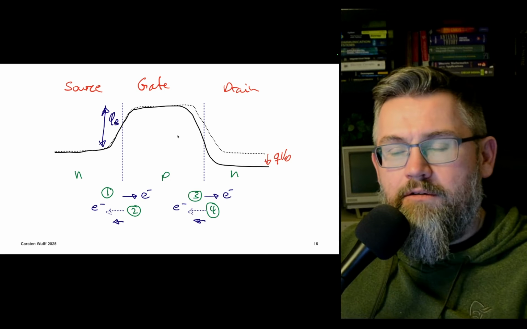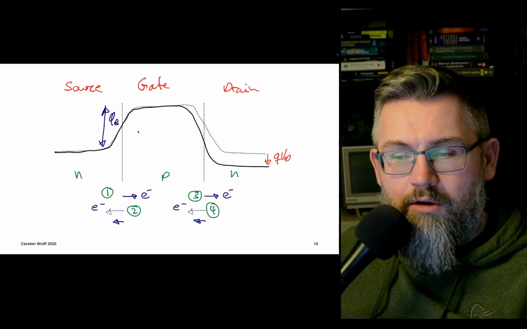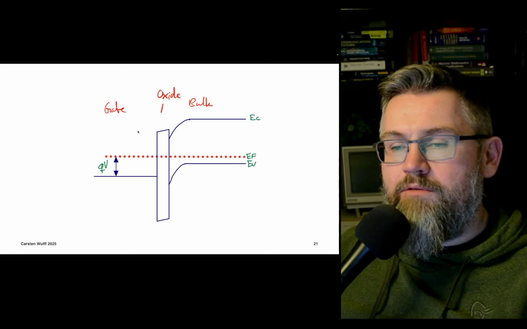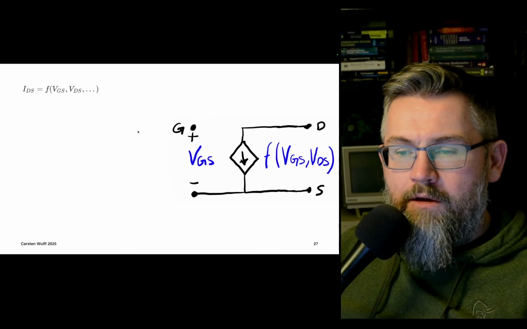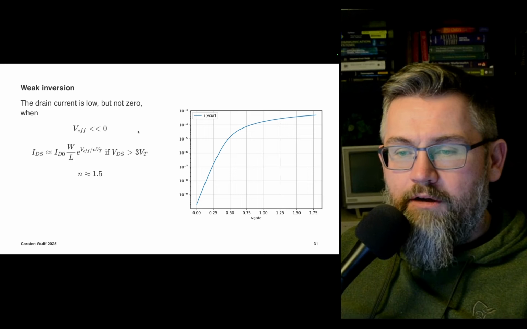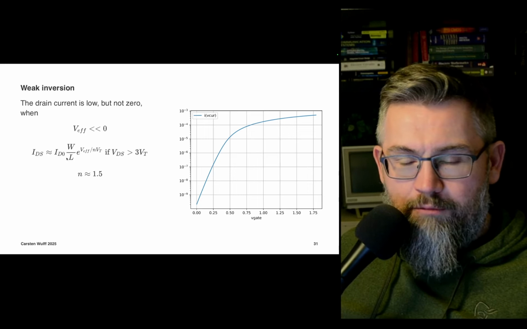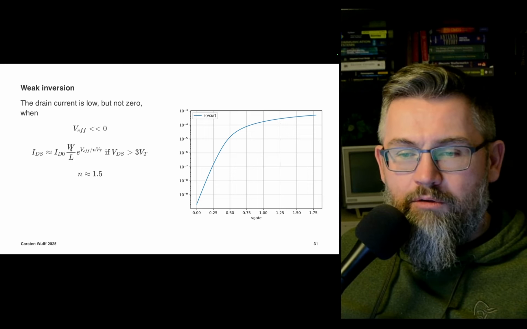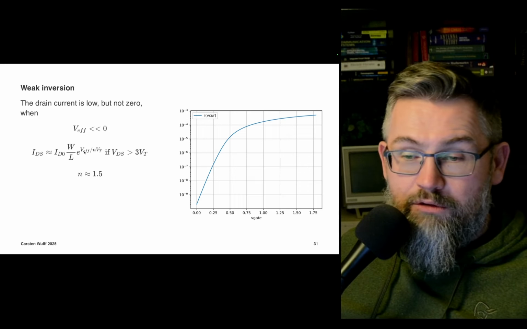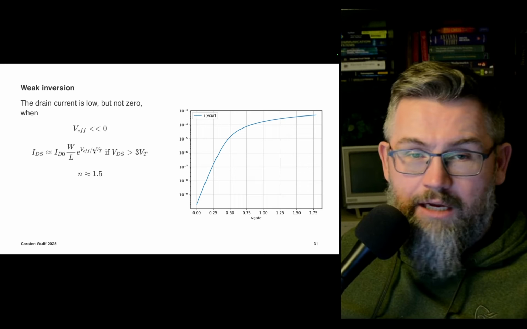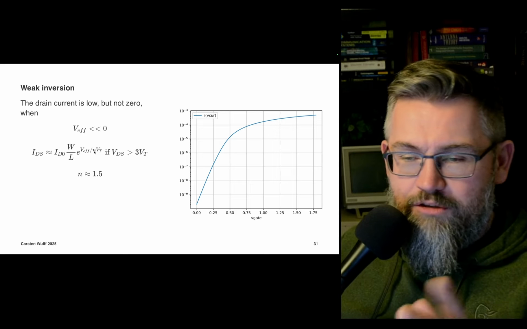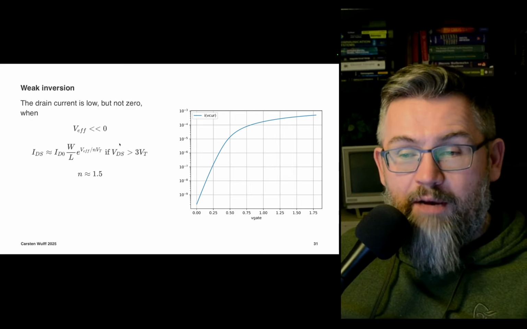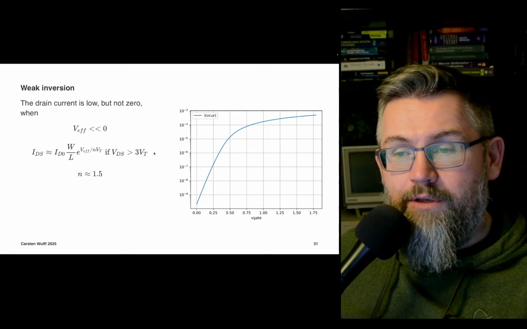It's almost nothing compared to what's injected from source to the bulk. So that's the reason for this usual rule of the current given by this equation here: ID0 W divided by L, e to the V effective divided by N, where N is a number, 1.5-ish. That only happens if the VDS is larger than about 3 thermal voltages.